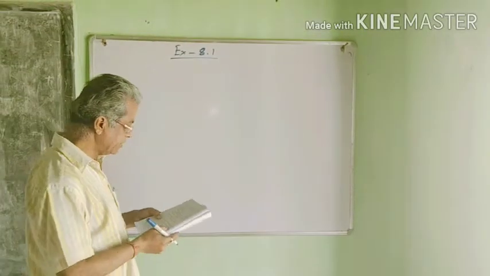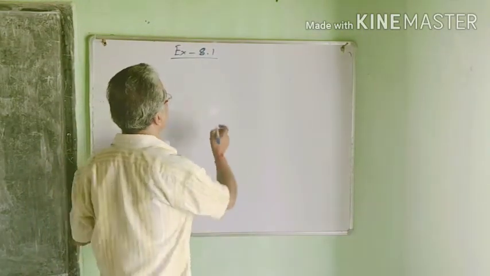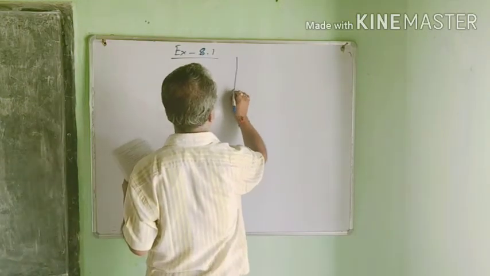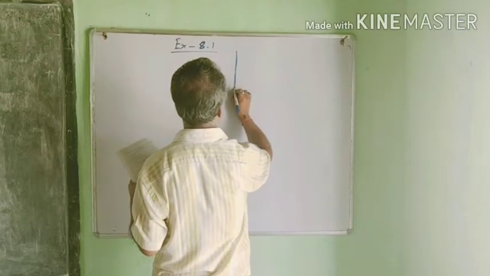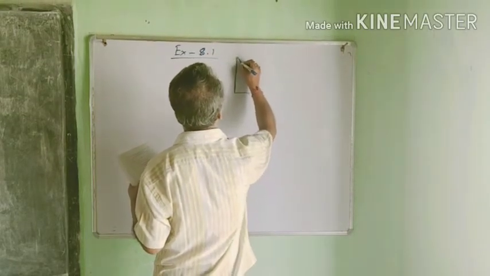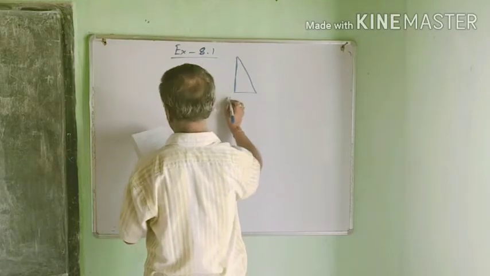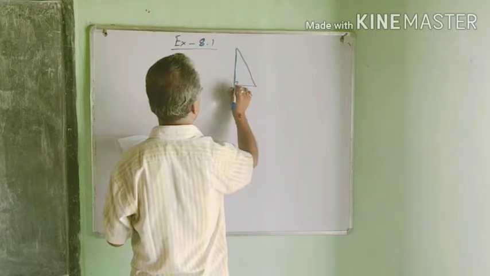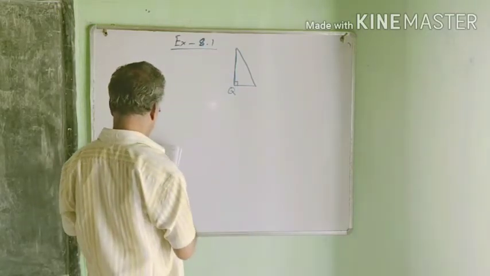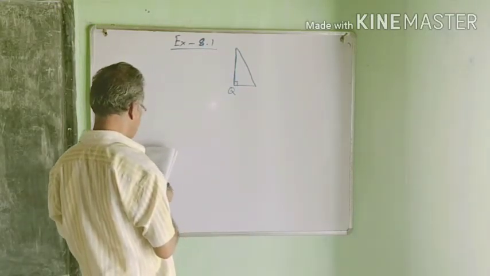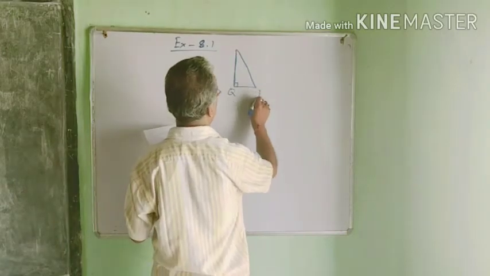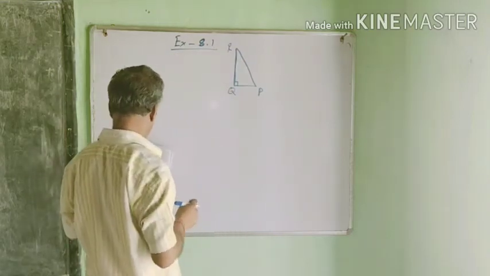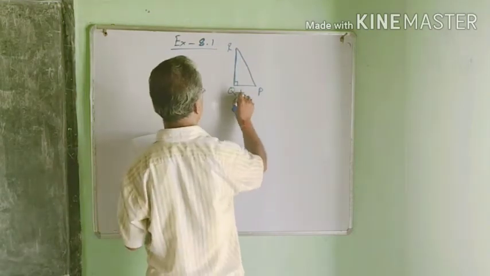Question number 10 is: in triangle PQR, right angled at Q, PQ is 5 centimeter.